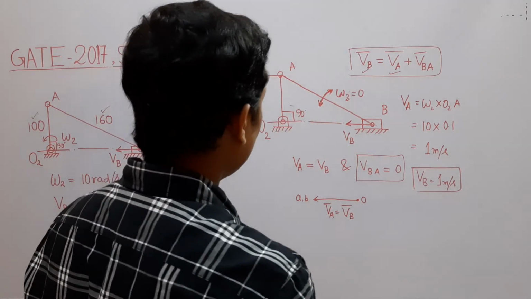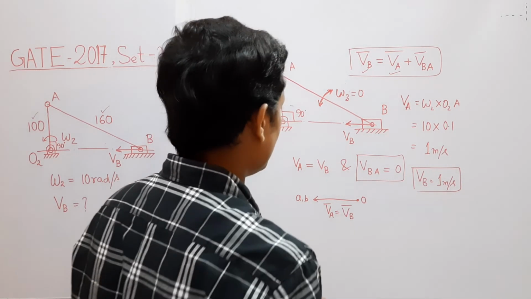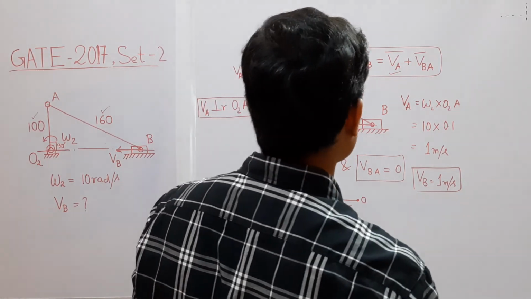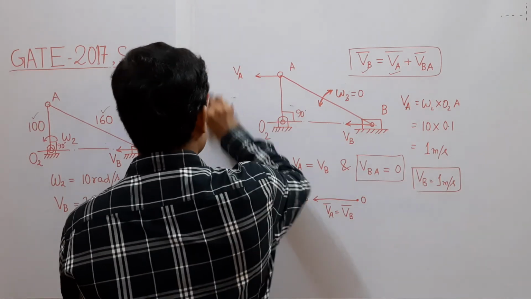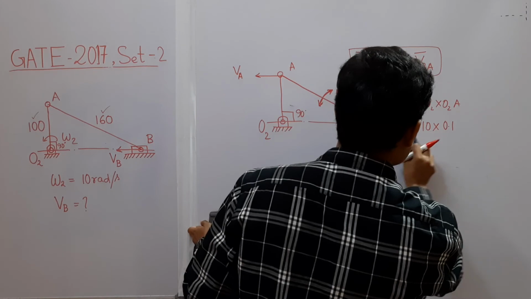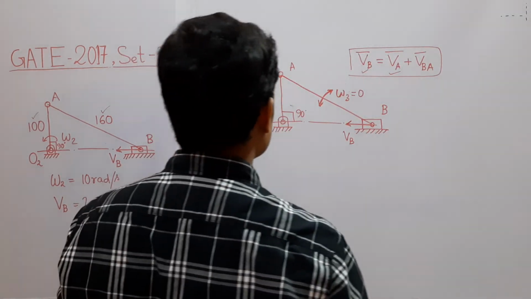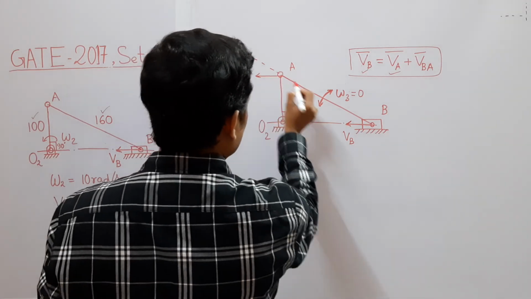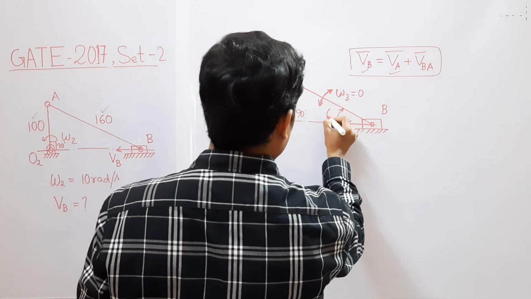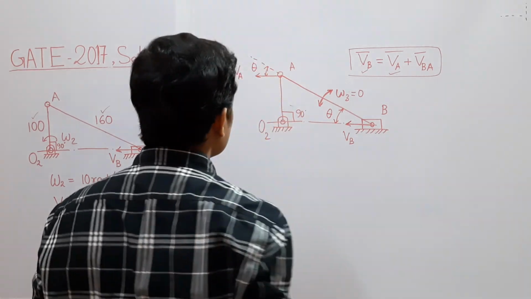So this we have solved through relative velocity method. Now if we apply the basic principle, that is, if we apply our basic concept, say this angle is theta, then the angle between AB and VAB is also theta.